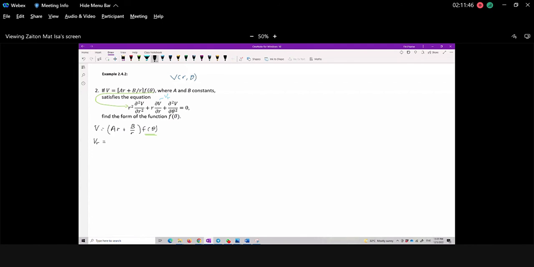Focus on the r. So A r plus derivative, so just A here. B over r becomes minus B divided by r square, right?